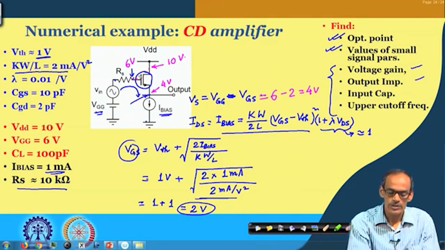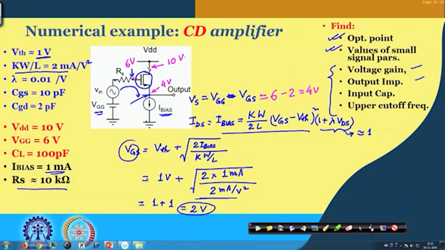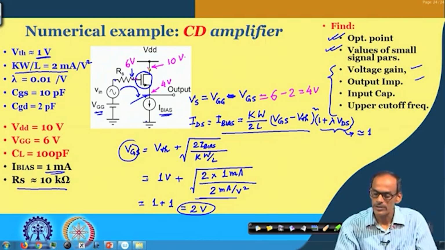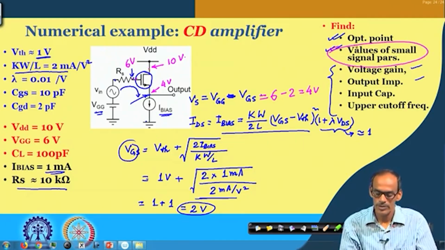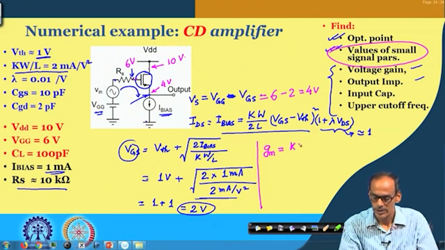Of course, it ensures the transistor is in saturation region of operation, which is of course required, and then we can calculate the small signal parameter. So, let us try to see what will be the small signal parameter values. Let me use this space here. So, the GM is K W by L into VGS minus VTH.